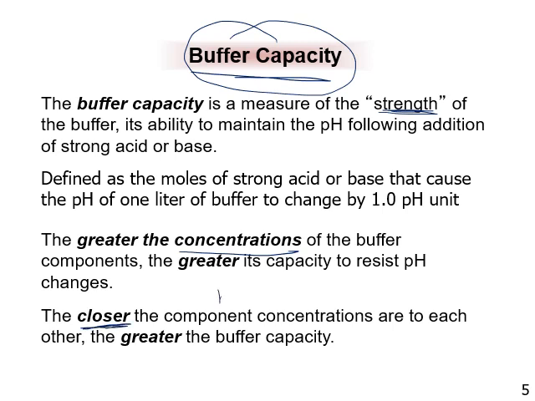So if you have the acid and the base or the salt of it, as long as the two concentrations are closer to each other, then the capacity is going to be greater. So the strength of a buffer, or how long it can keep on resisting the change in pH, is called the buffer capacity, which depends on the concentration of the components and how close the concentrations of the components are.